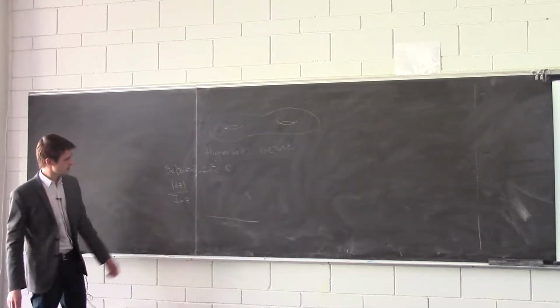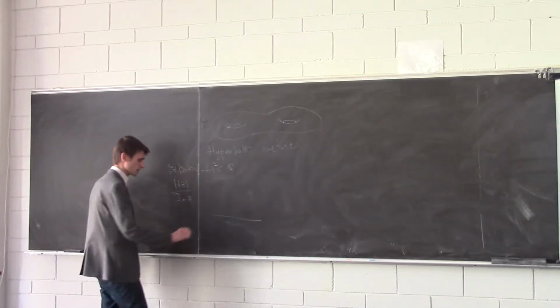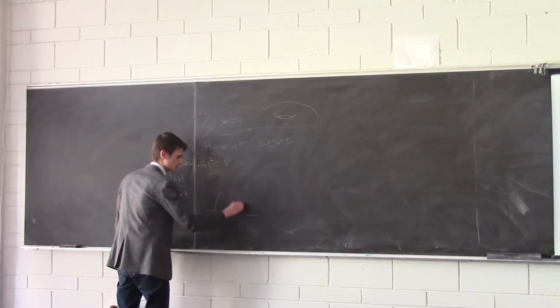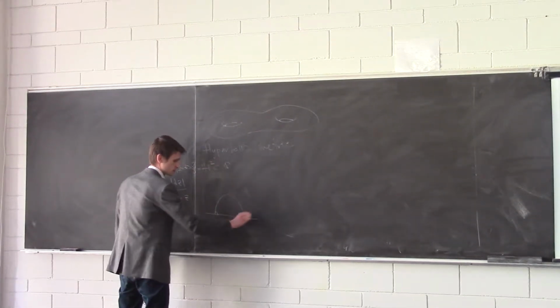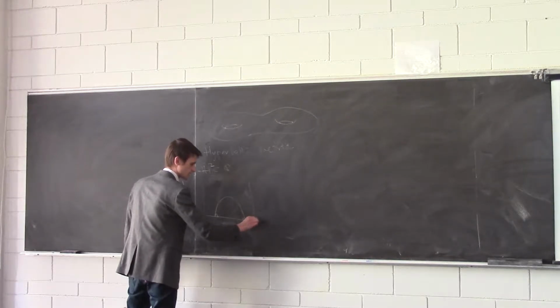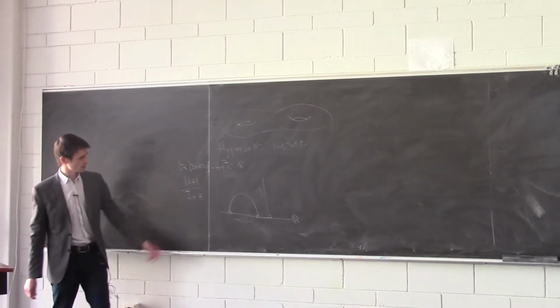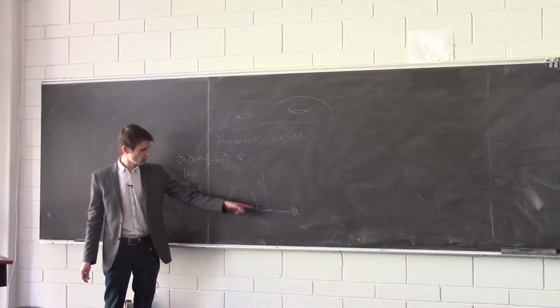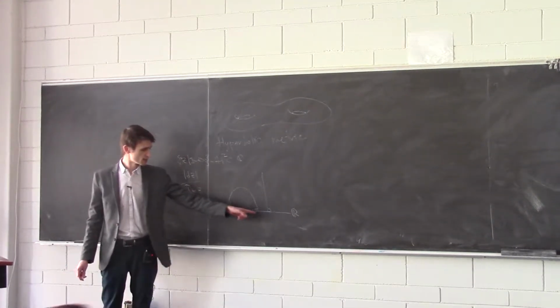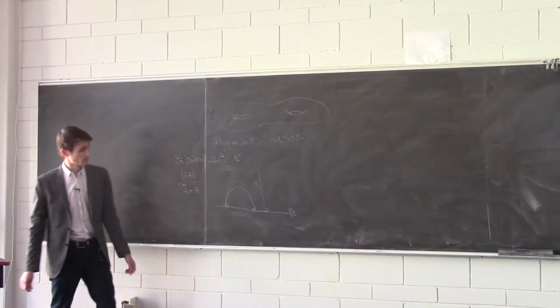This is a complete Riemannian metric where the complete geodesics look like this. So this here is the real line, and the complete geodesics look like semicircles that are perpendicular to the boundary, or straight lines that are perpendicular to the boundary.